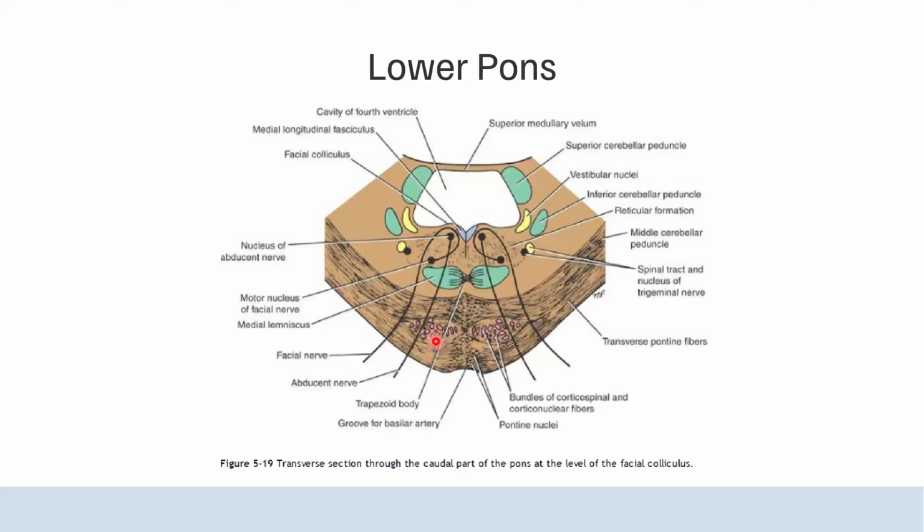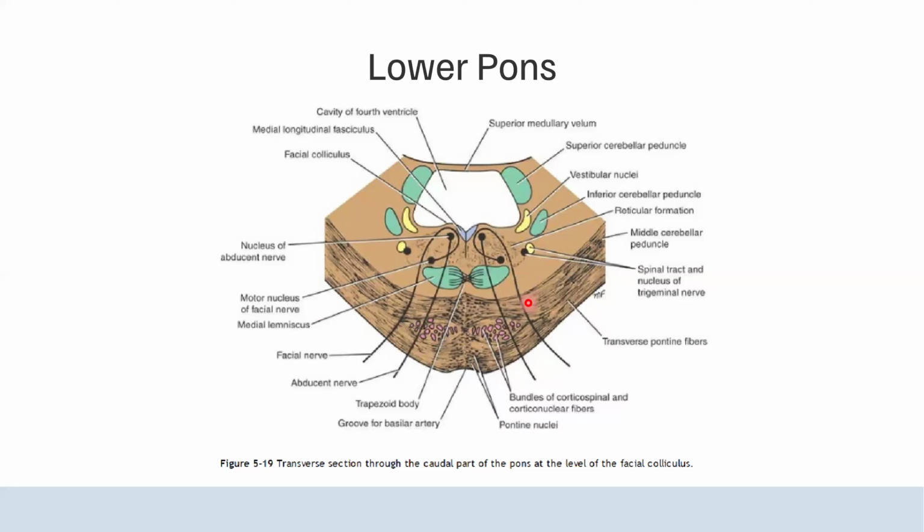Okay? Now let's take a look at the actual things that are happening, and let's remember the fact that the pons extends on either side to give me the middle cerebellar peduncles. Okay? So these fibers that are extending are our middle cerebellar peduncles. Let's try to locate everything that we did before and look at it again here.